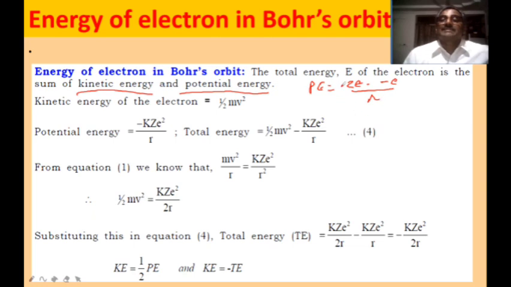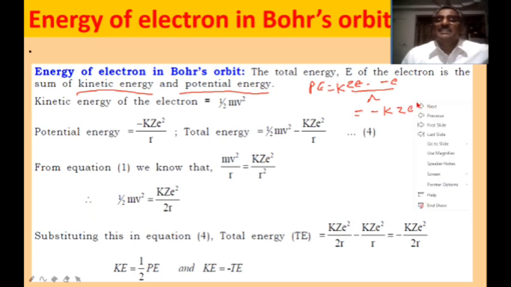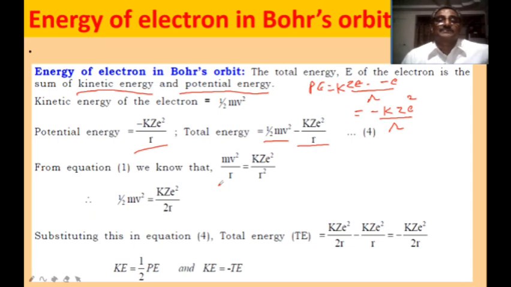So it is equal to some constant k into Ze into minus e by r, that is equal to minus kZe square by r. Total energy is equal to the sum of kinetic energy and potential energy.